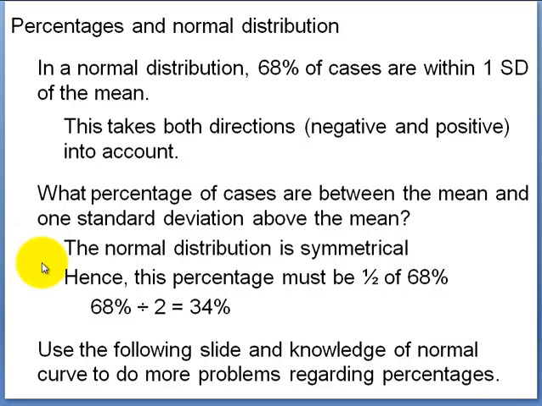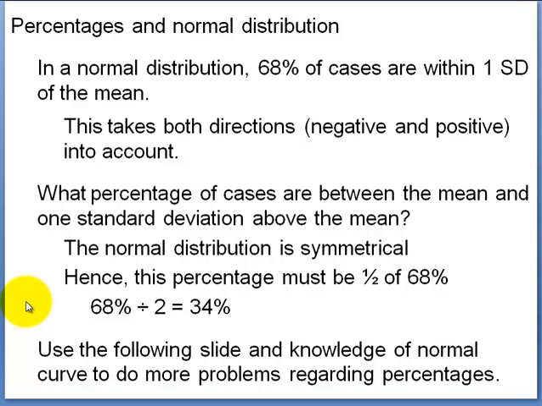Now, what percentage of cases in a normal distribution are between the mean and one standard deviation above the mean? How do we answer that question? The normal distribution is symmetrical. So we know that 68% of cases are within one SD, both directions considered.